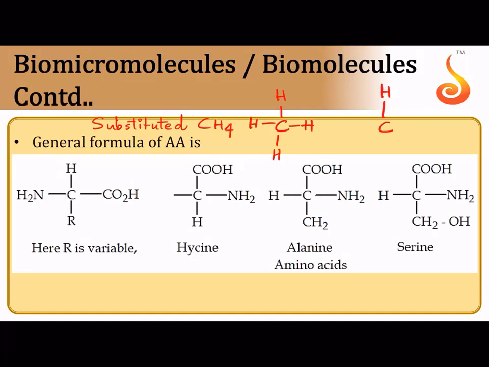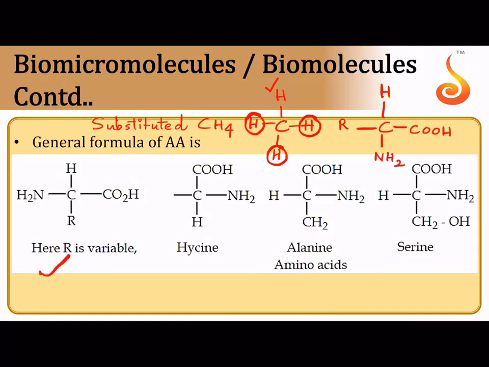In amino acids, one of them is replaced by an R group, one of them is replaced by an amine group, and one of them is replaced by a COOH or an acid group. So it's as if you are substituting the first, second, and third hydrogen, and keeping only 1 hydrogen in the methane molecule. That's why we call amino acid a substituted methane.